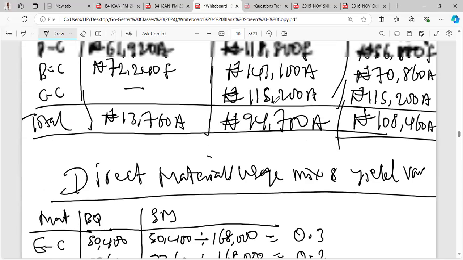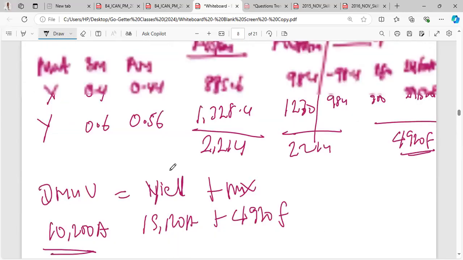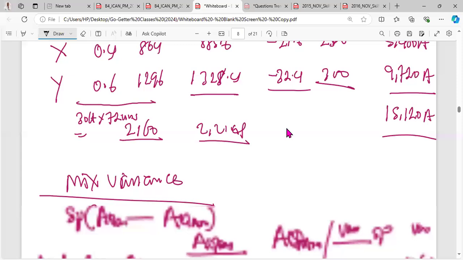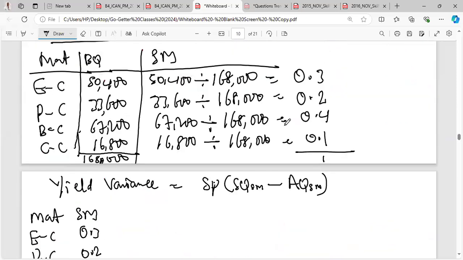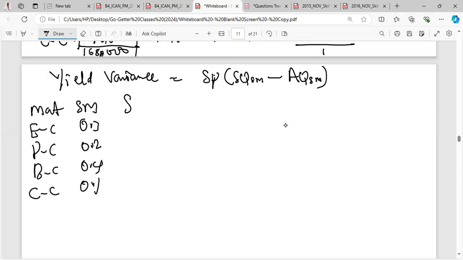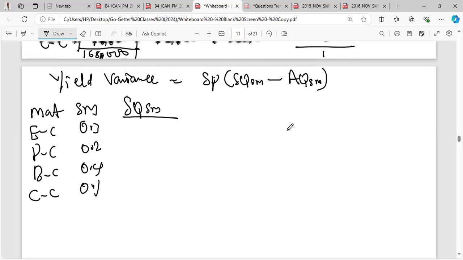Let's just check. Standard quantity, standard mix. That's for yield. And this is what we get here. Of course, those are the figures we have here.